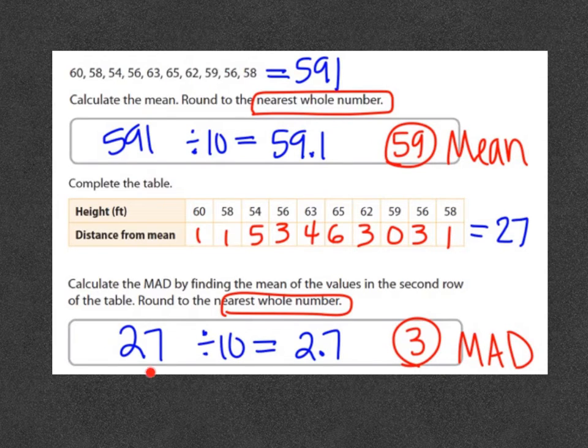So if the sum was 27, I still have 10 numbers in the list, so 27 divided by 10 is 2.7. And then again, we want to round that to the nearest whole number for this particular question. So my final mean absolute deviation is 3. On average, each one of the numbers in the list is about 3 units away from the mean. So that's pretty close.